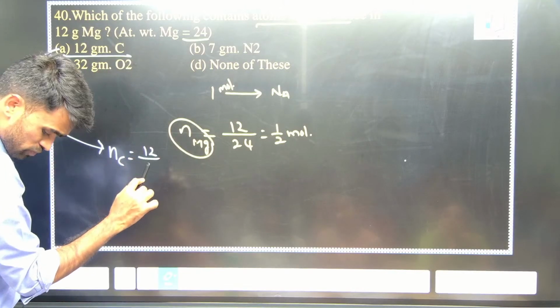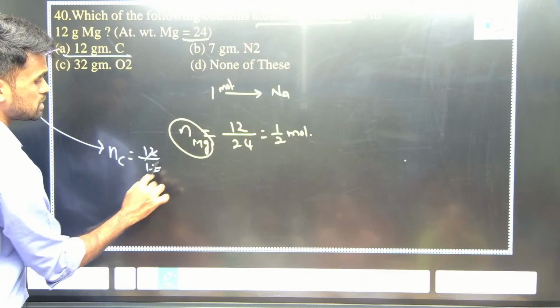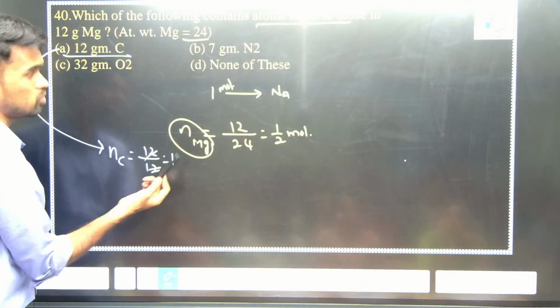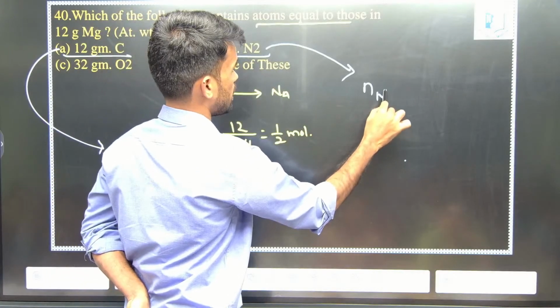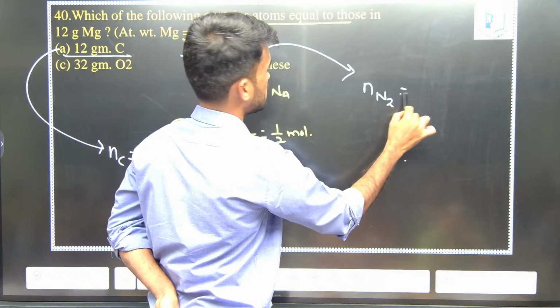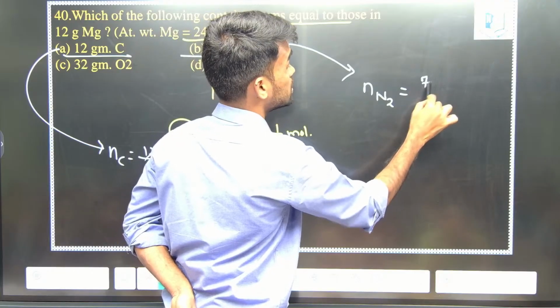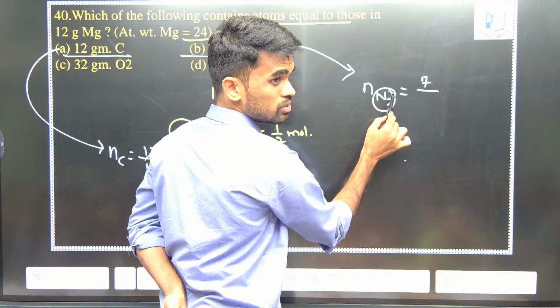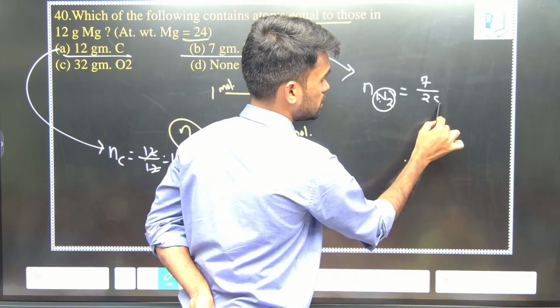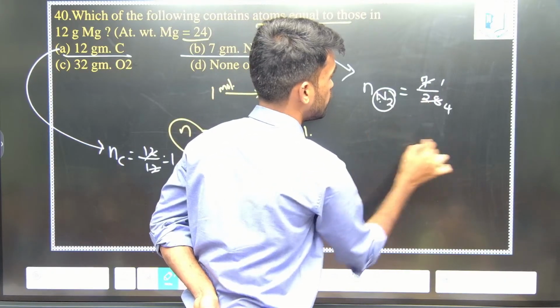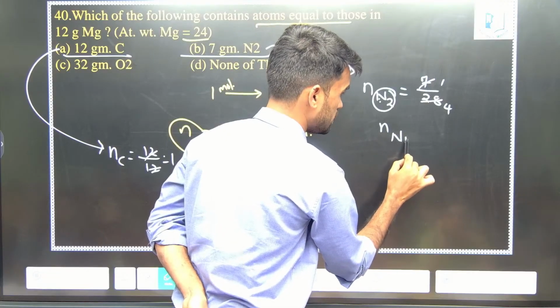12 by 12, so this is 1 mole. Are they same? No. What about this? Number of moles of nitrogen. How much is it? 7 by 28. So it will be 1 by 4. Now look at this, be conscious.